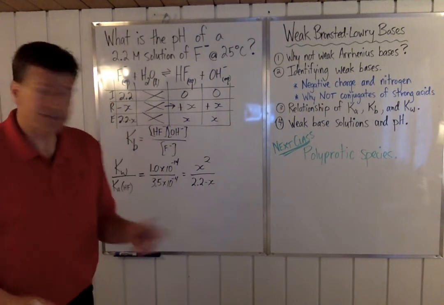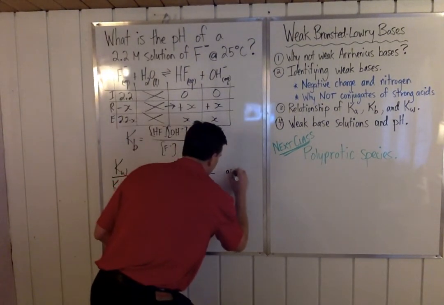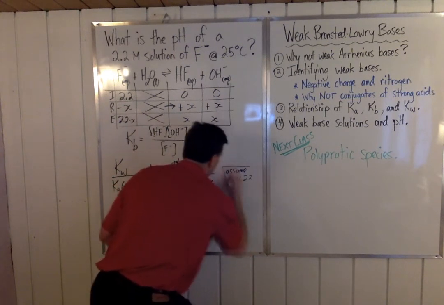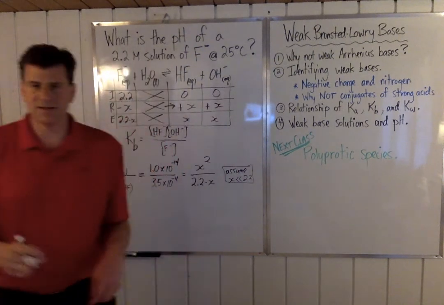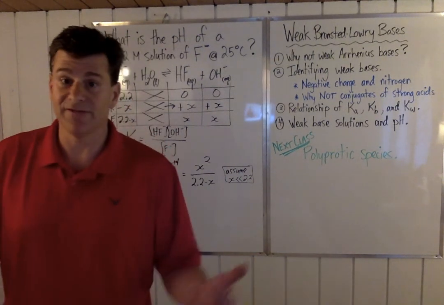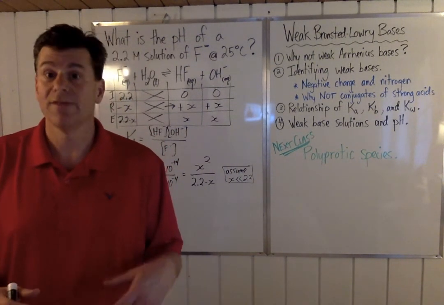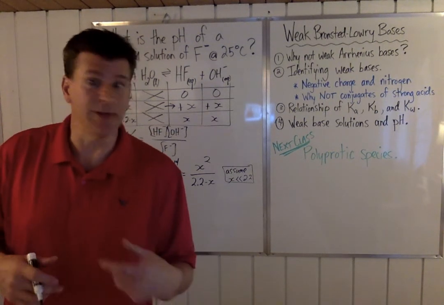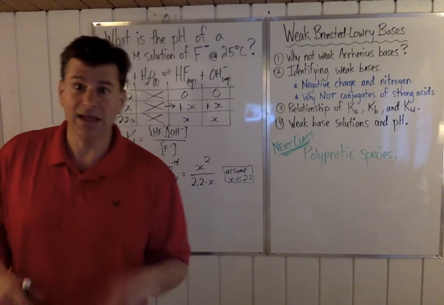So I'm going to assume x is significantly less than 2.2, and if my assumption doesn't work, then I know how to deal with that because I learned how to do that in episode, I think it's 7E.